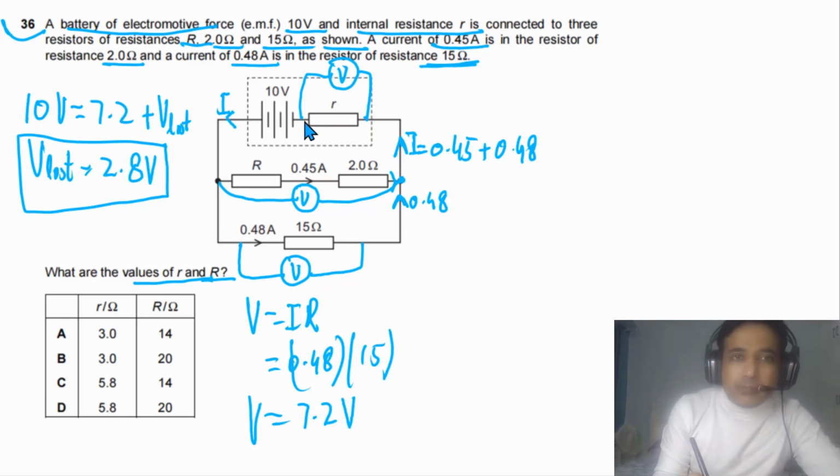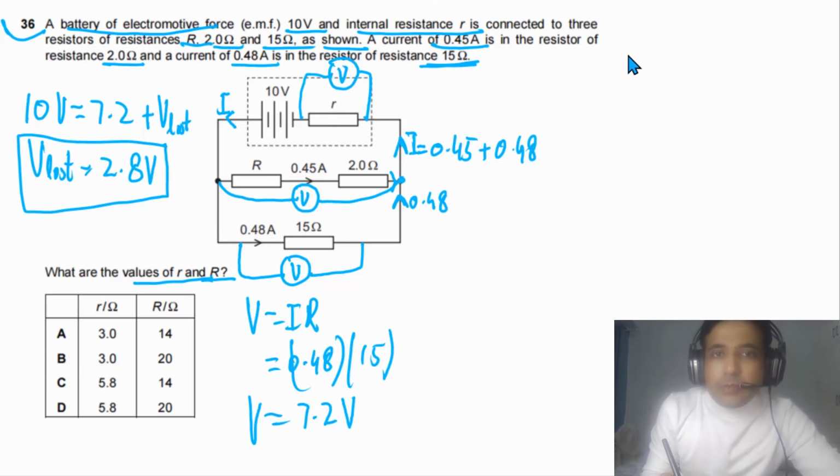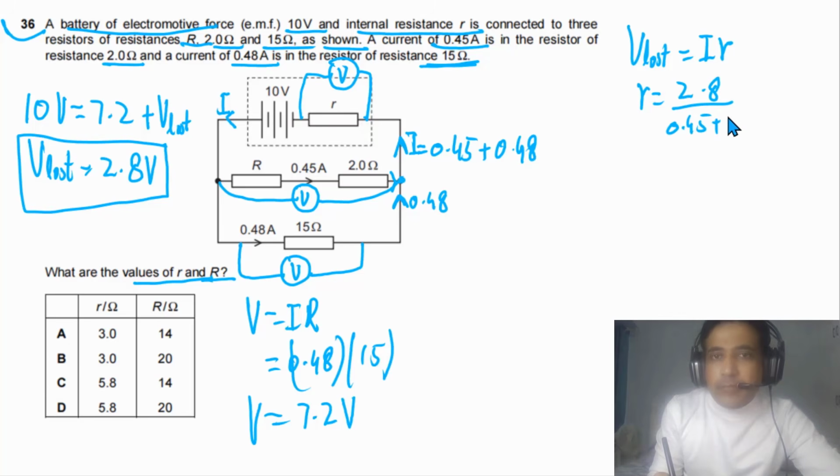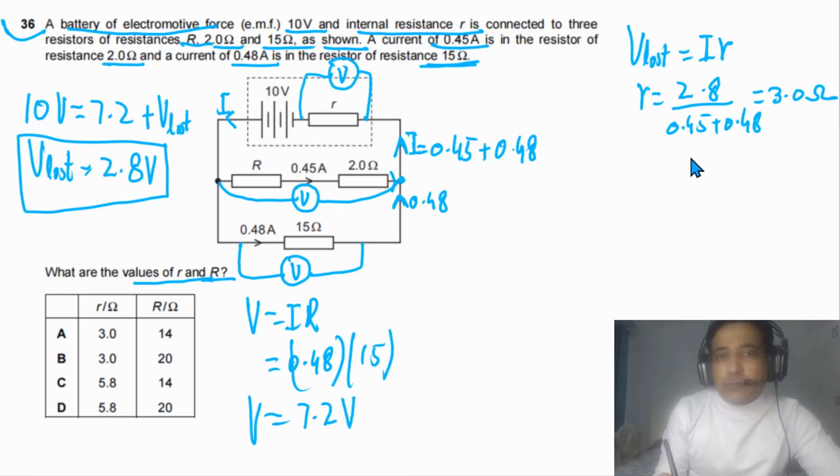So this current is passing through the battery and passing through this internal resistance. So now we can say in this case V lost is equal to I times small r. So we can find out value of small r. This will be equal to 2.8 divided by 0.45 plus 0.48. So if we solve this one up to 2SF, we will get r is equal to 3.0 ohm. So this is value of small r.